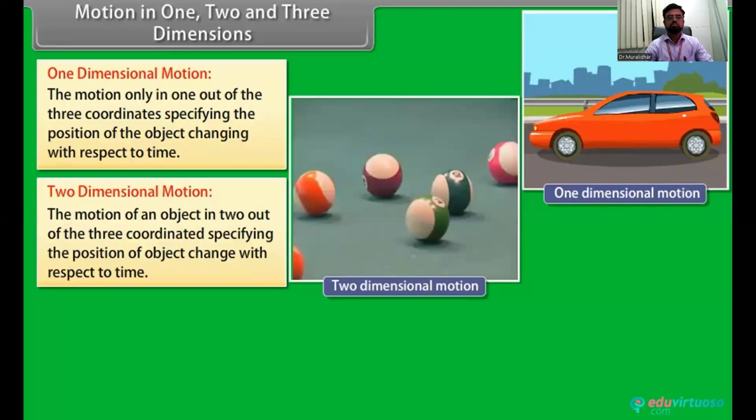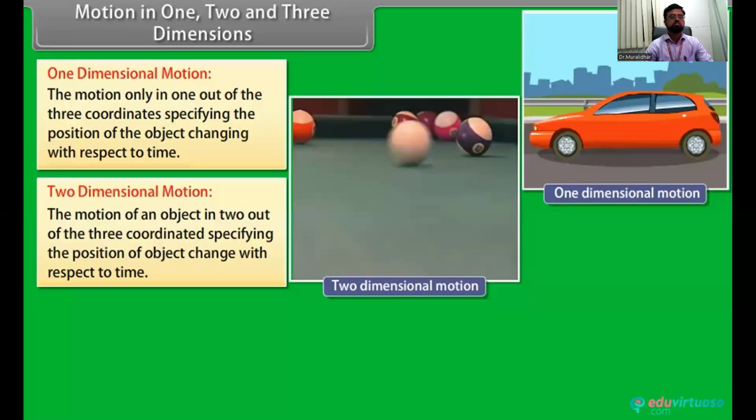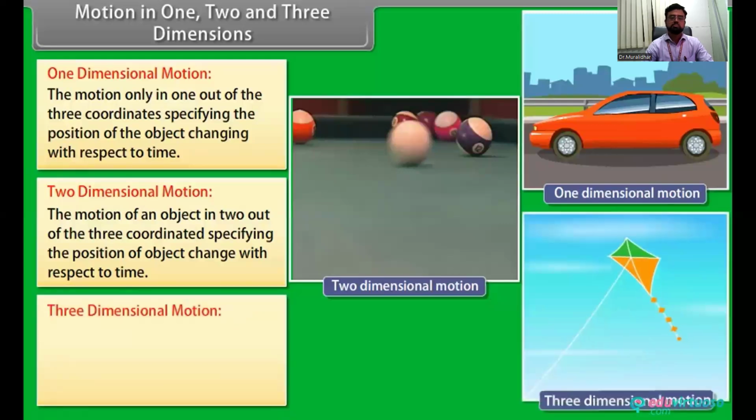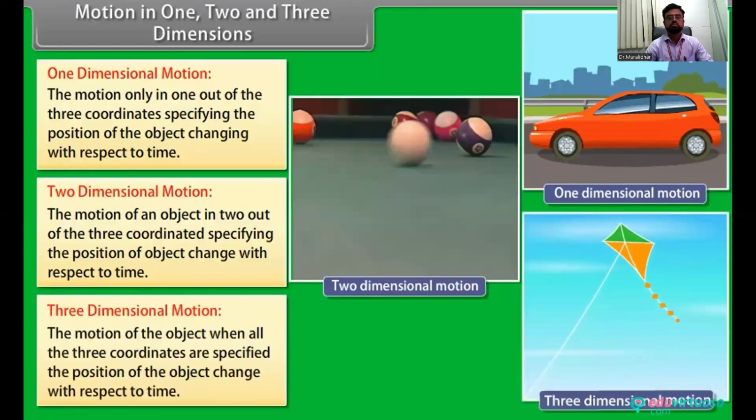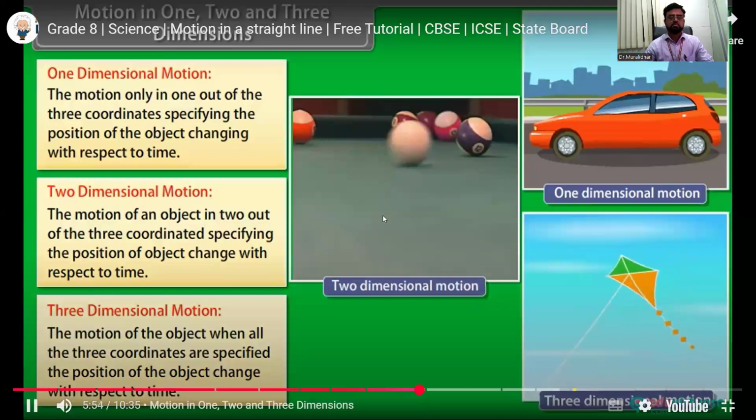Example, a billiard ball moving over a billiard table. Three-dimensional motion. The motion of the object when all three coordinates specifying the position of the object change with respect to time. Example, a kite flying on a windy day.